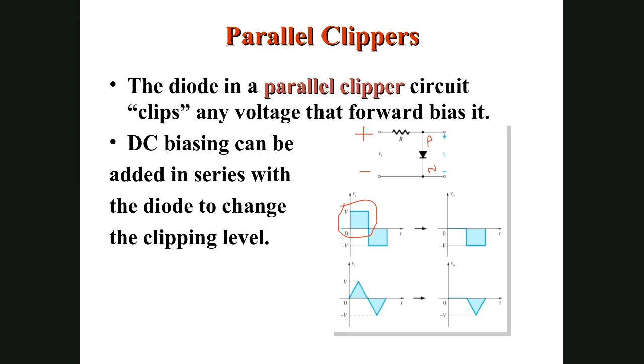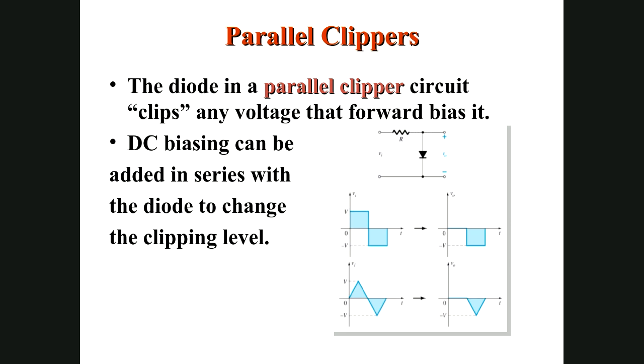Earlier, when it was forward biased, your input and output signals were the same, but this is not the case here. Here, your output is parallel to the voltage across the diode. When a diode is forward biased, it is like a short circuit, or 0 volt. Since the diode and output are parallel and the voltage across the diode is 0, the output will also be 0 volt.